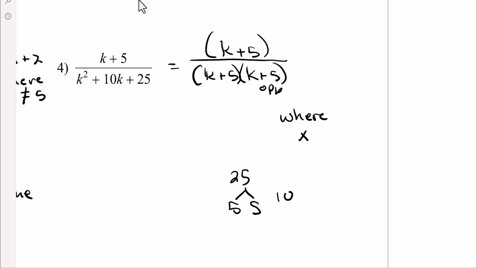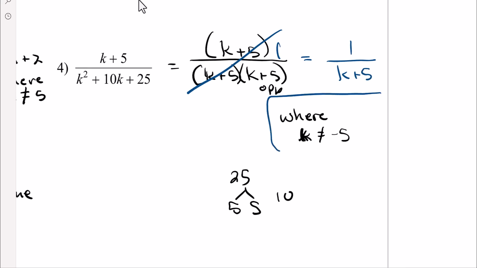This is where k cannot equal negative 5. And then look at what we have. Let's see, k plus 5. One of those cancel, leaving a 1 there. So our simplified version is 1 over k plus 5, where k cannot equal negative 5.